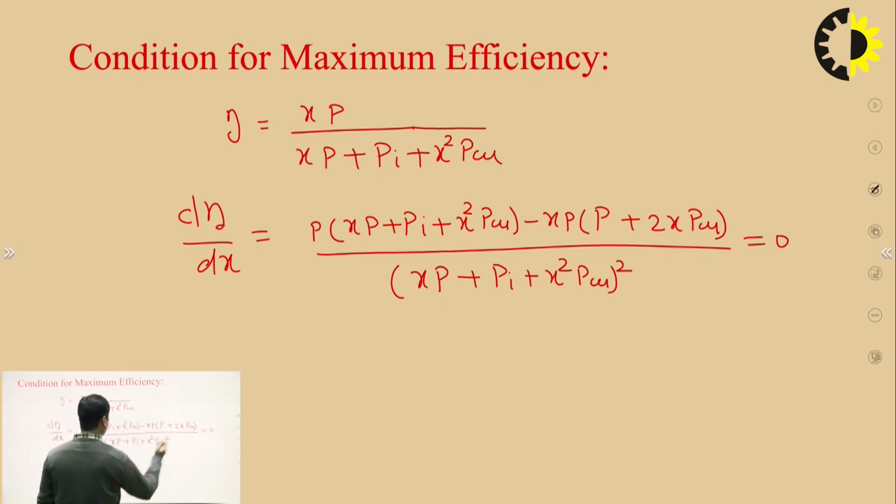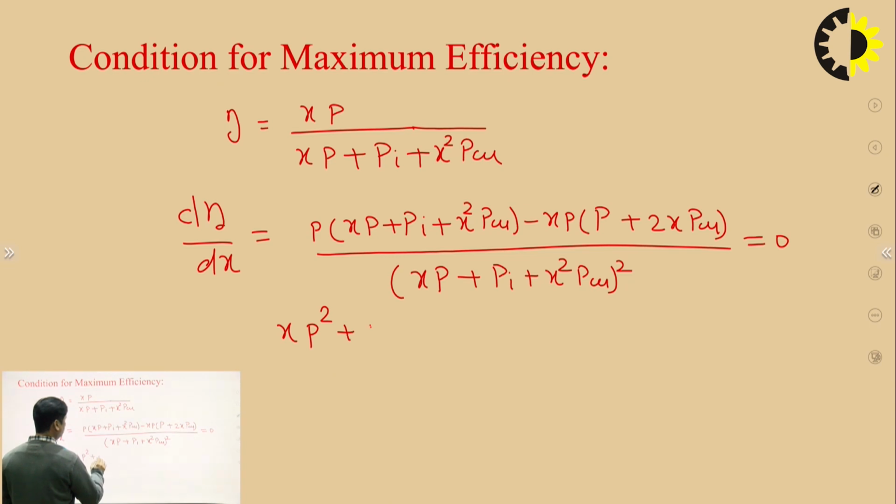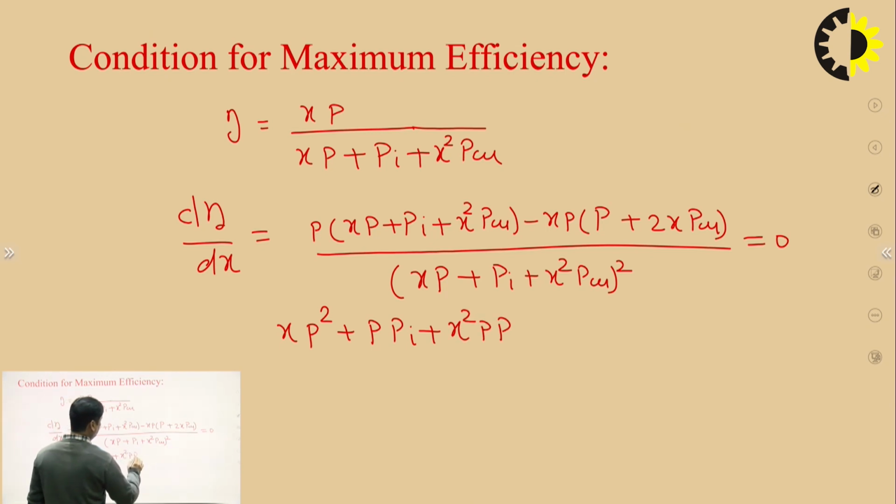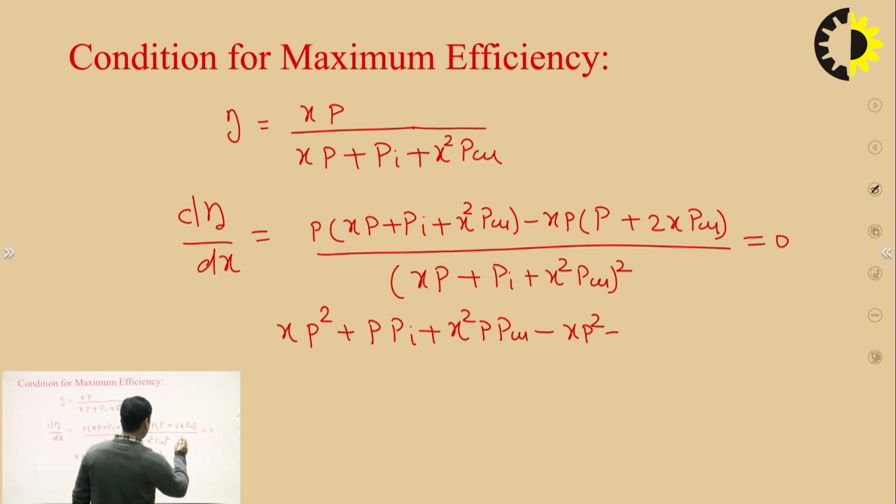When we equate to 0, this becomes xP squared plus P Pi plus P x squared P copper, minus xP squared, minus 2x squared P P copper, equal to 0.